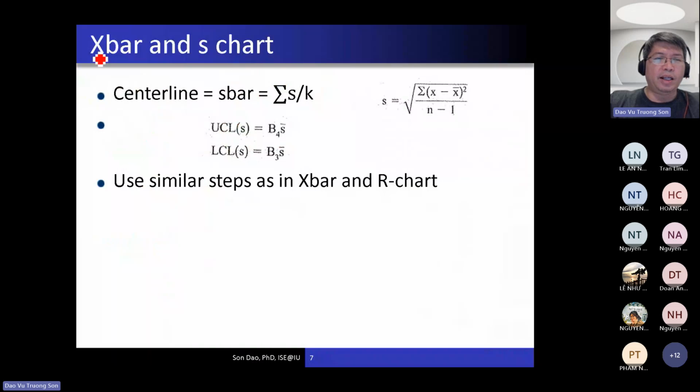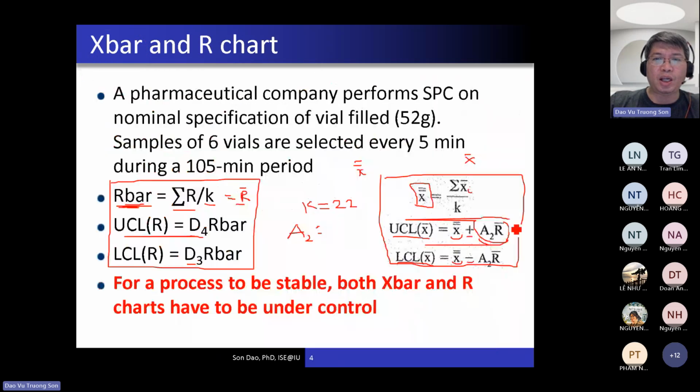So next we have X bar and S charts. Remember, these are still two separate charts. For the X bar chart, we use the same method of construction like we have before, so everything from this we can totally reuse.